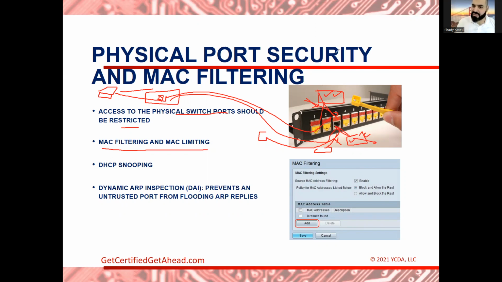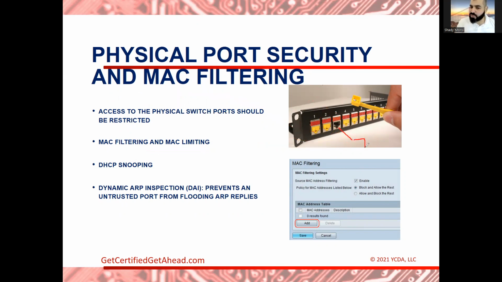We go back to clear this up a little bit. You already have a port which is open and connected to one of your users. Once you connect a legitimate computer to this port, the port will learn the MAC address and assign this MAC address to this port.